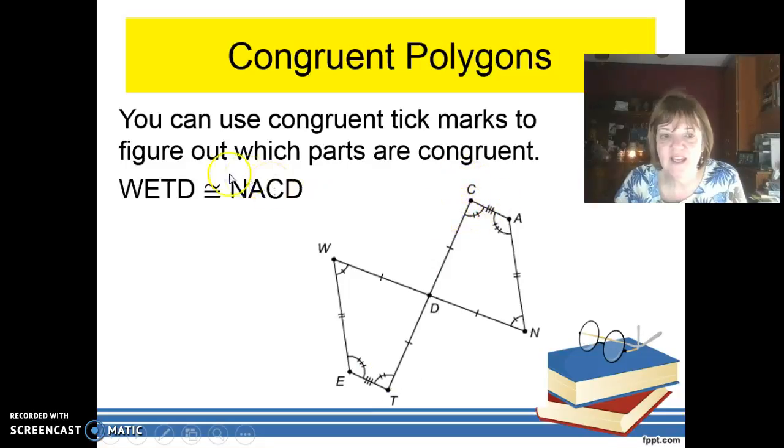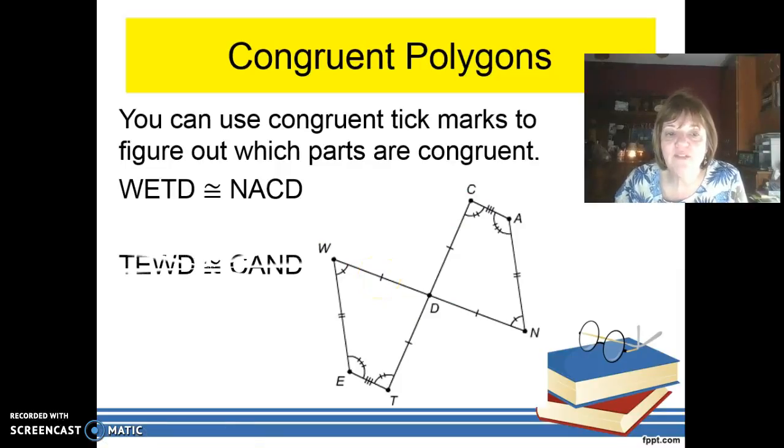The C. And notice the T is the third one in the order, C is the third one here. Okay, so the sides are the same thing. Take a look at these sides. We have the side between W and D, or DW, or WD, whichever way you want to say it. But anyway, this side is congruent with this side. So CD and WD are congruent. Notice the tick marks match. Easy stuff, huh?